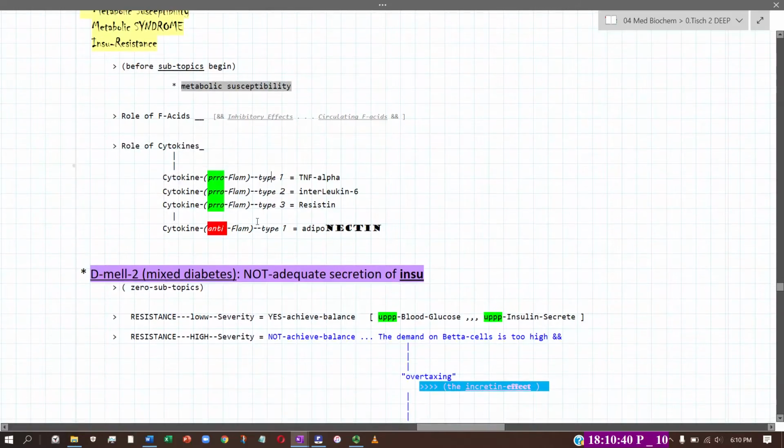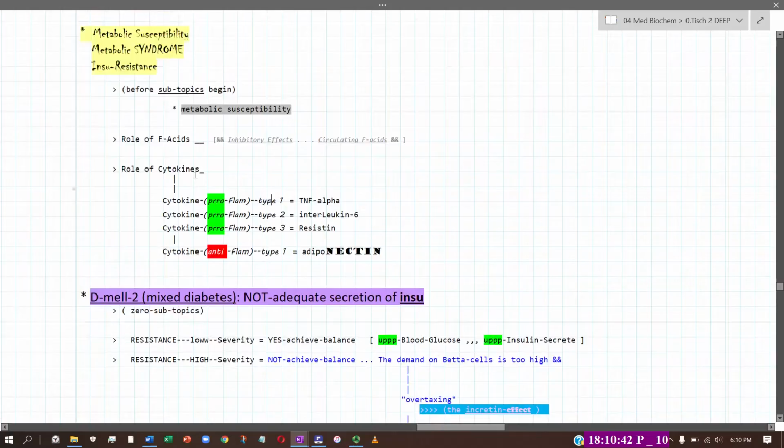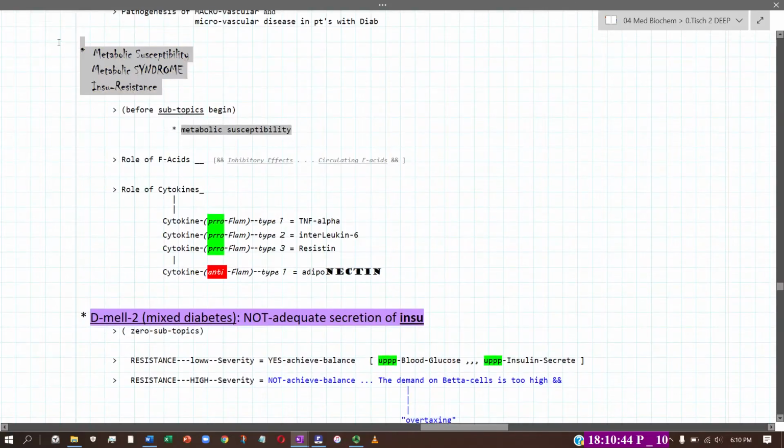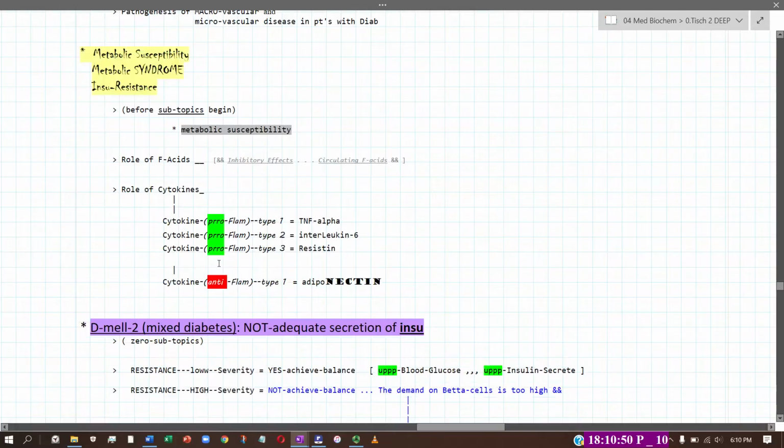There are two types of cytokines that need to be taken into consideration in this topic. There are cytokines which are pro-inflammatory, and I wrote pro with two R's just to have a four-letter counterpart for anti-inflammatory.